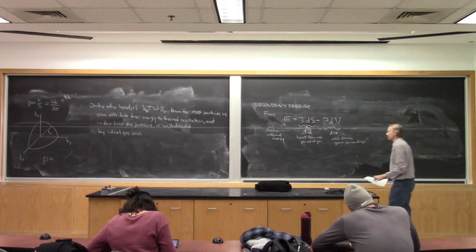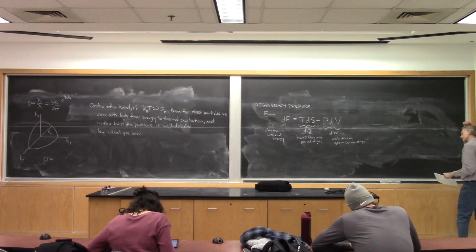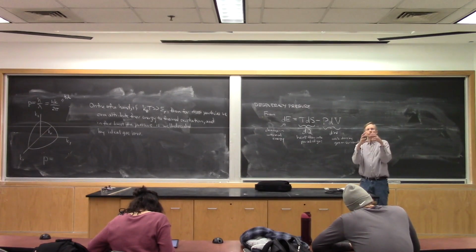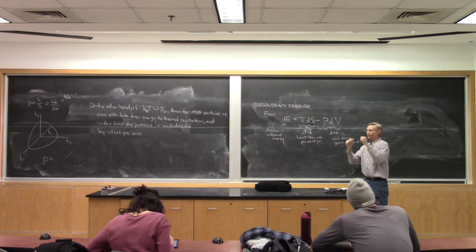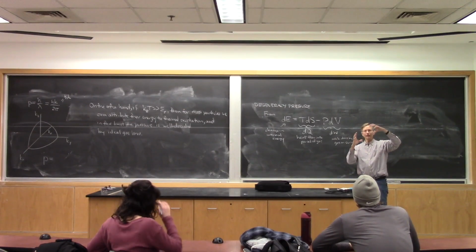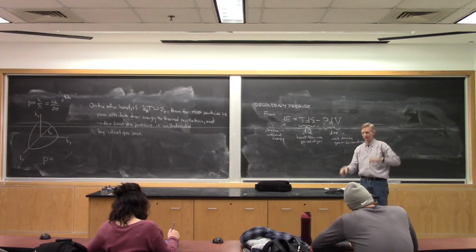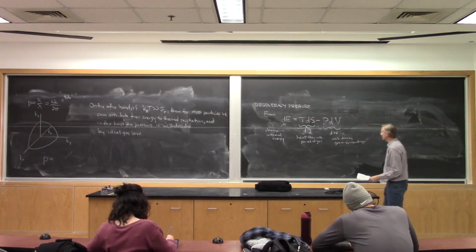It says that you can change the internal energy of a little parcel by either having heat flow into it, which increases the internal energy, or if it expands, it does work on its surroundings, and that decreases its internal energy because some of it is being used to do work on the surroundings.